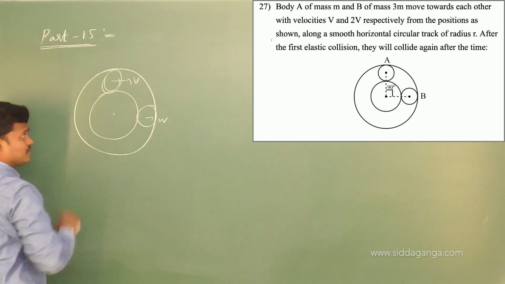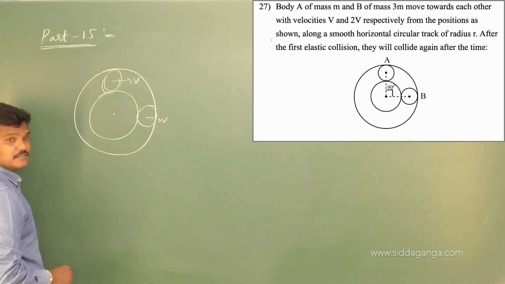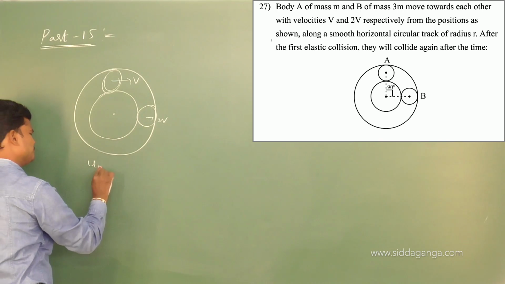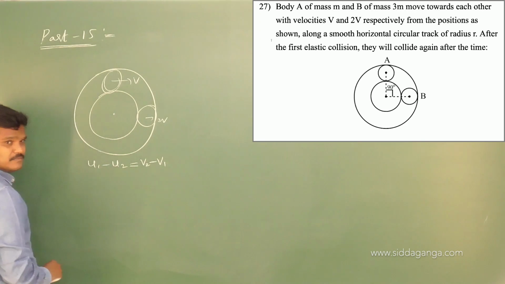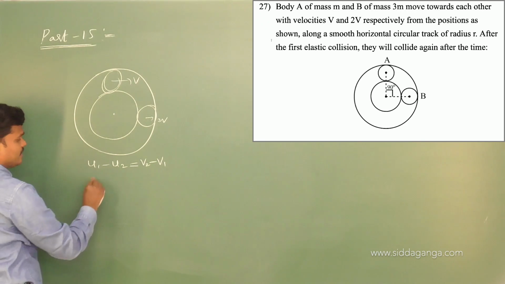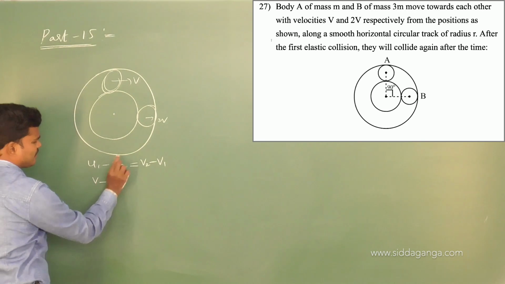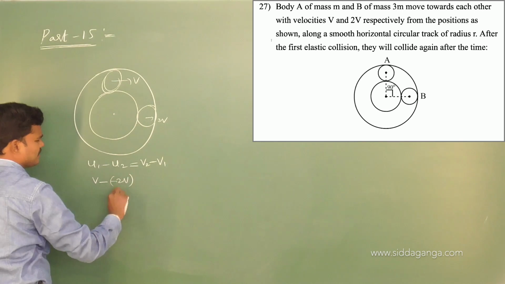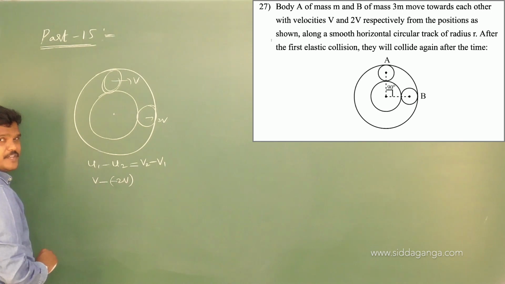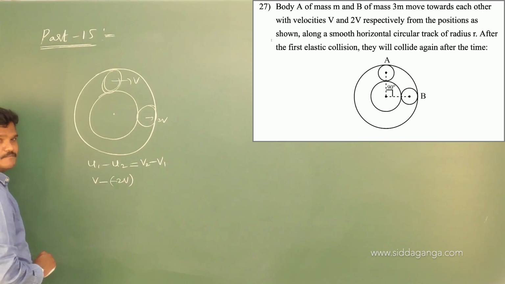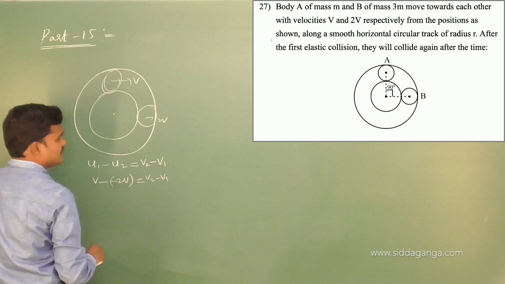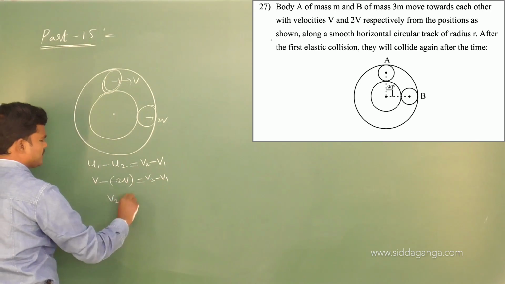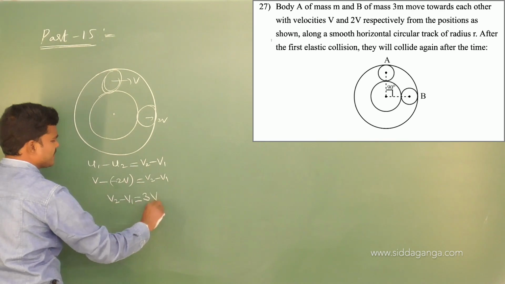So what is the relative velocity in this situation? Anyhow, you know u1 minus u2 is equal to v2 minus v1. Whenever they collide, this can be written as v minus of minus 2v. So finally v2 minus v1, no need of so many steps, directly we can write 3v.